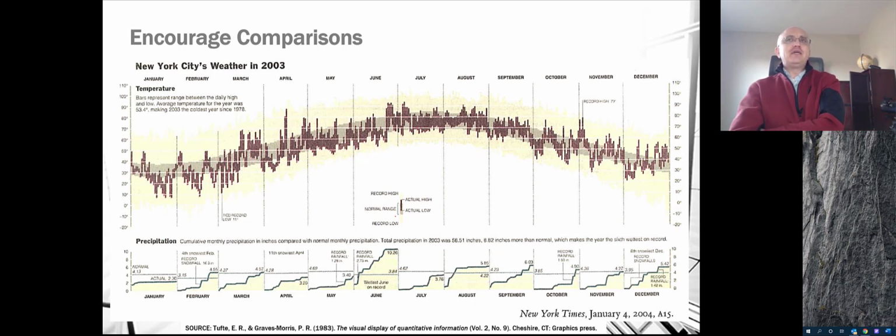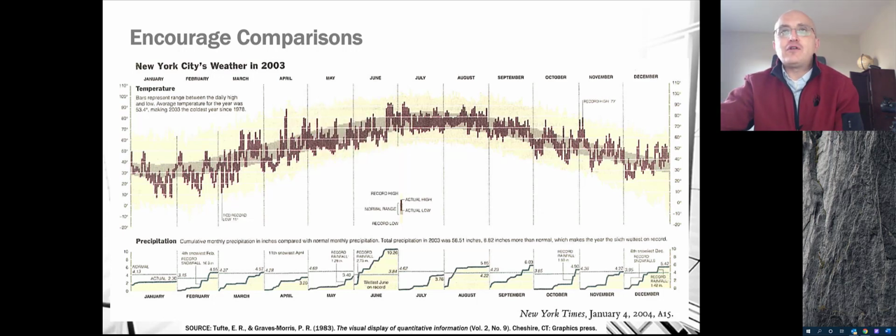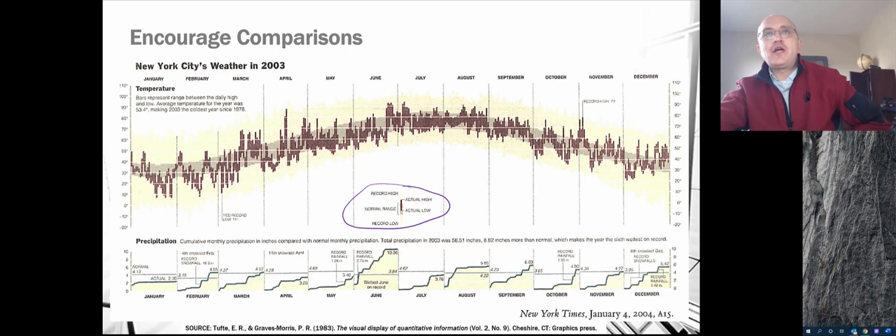This is a very busy viz, but it definitely captures comparisons. And what you've got to pay attention to here, let me get the pen and show you where you need to start. The first place to start is right here. Understand what these colors mean. The maroonish color is the actual temperature values for a given day.